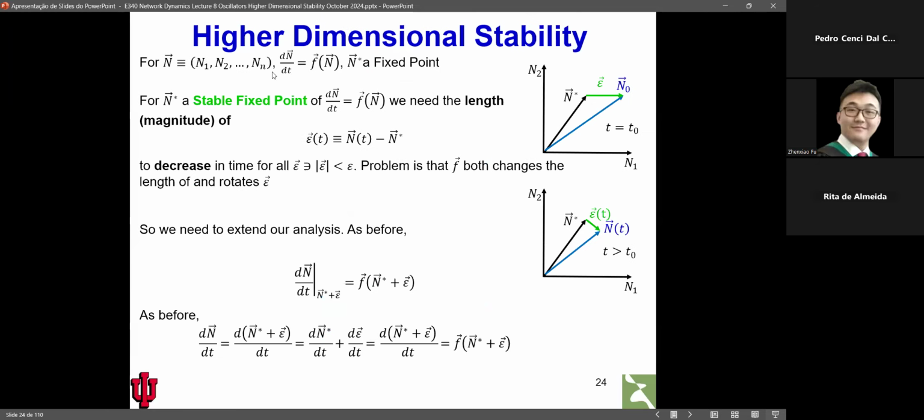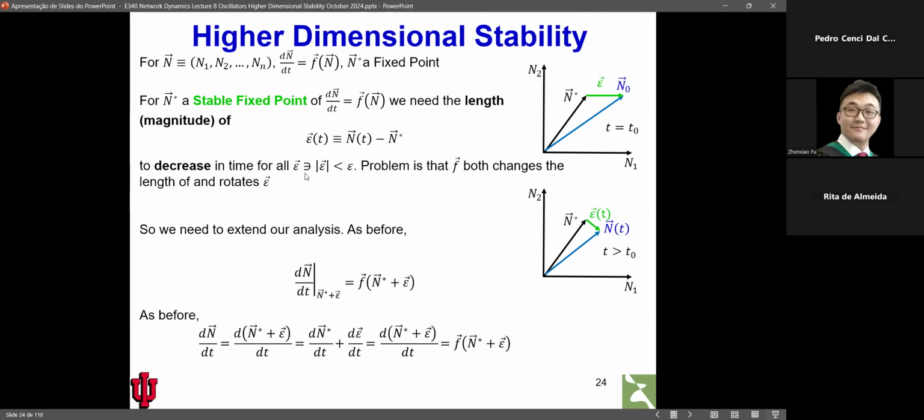So suppose we have the fixed point, and then we need the length, the magnitude, the modulus of this epsilon, this perturbation, which is the difference between where the system is and where the fixed point is. And we want it to decrease in time for all epsilon.